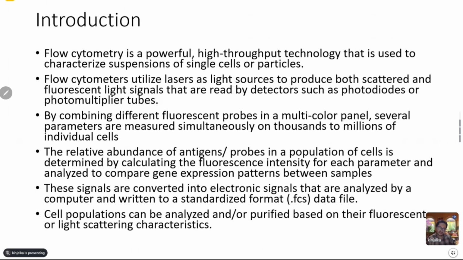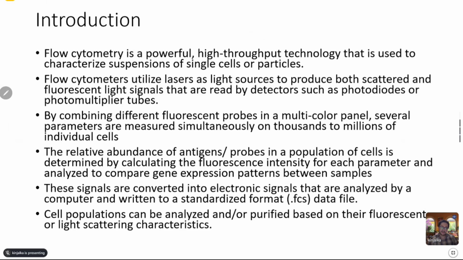Here, it is similar, but you can multiplex. So especially with things like cytokines, or when you want to look at different CD markers at once to identify different cell populations, it helps.